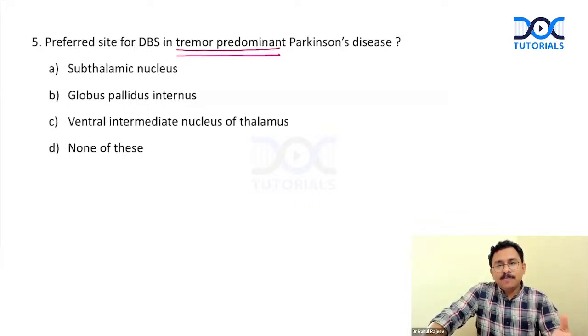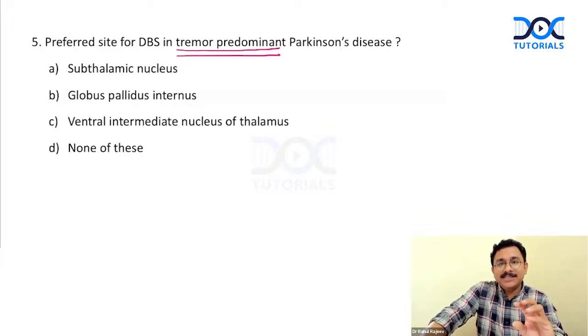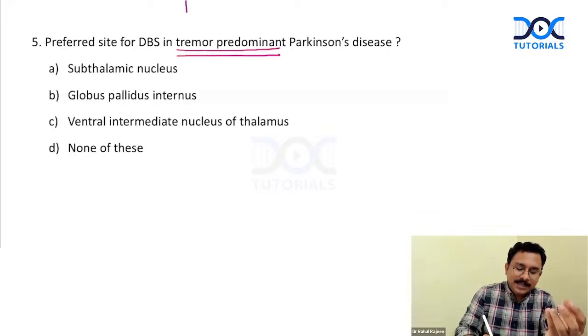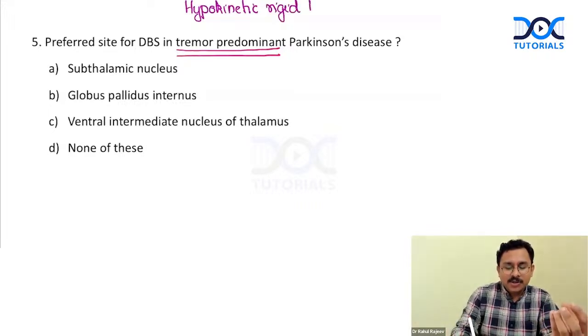See, when you talk about Parkinson's disease, there are a subset of patients with Parkinson's disease who present mainly with bradykinesia and rigidity. Such sort of Parkinson's disease patients are referred to as having hypokinetic rigid Parkinson's disease. Hypokinetic rigid syndrome is also sometimes called that. That's called hypokinetic rigid PD.